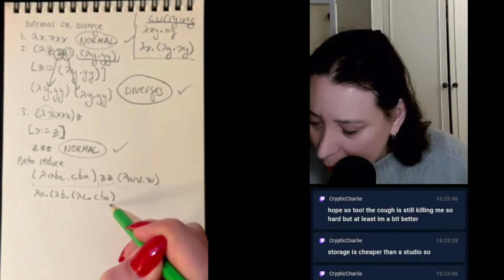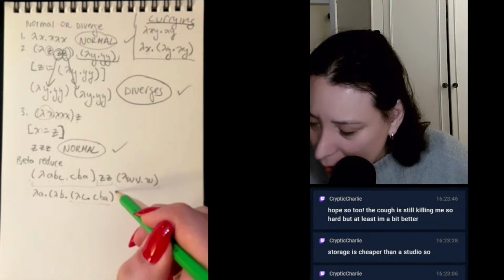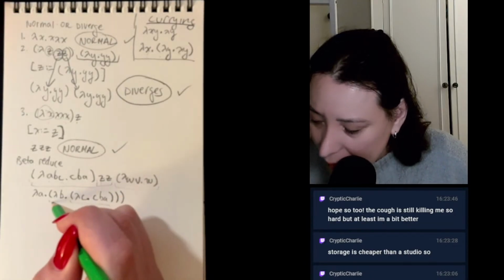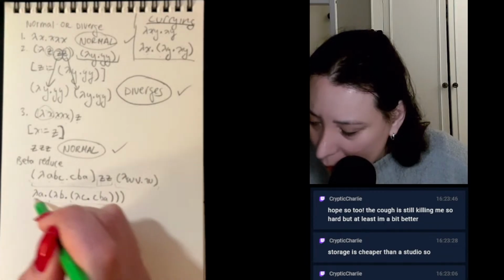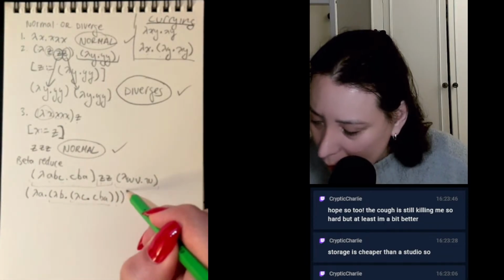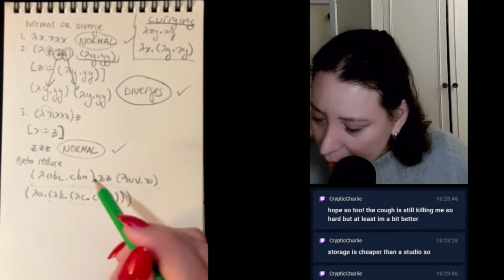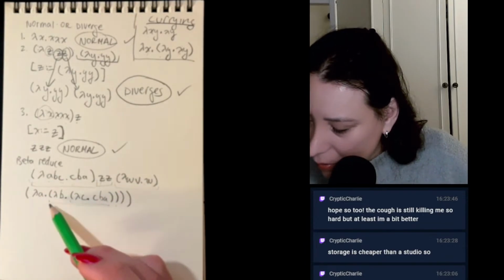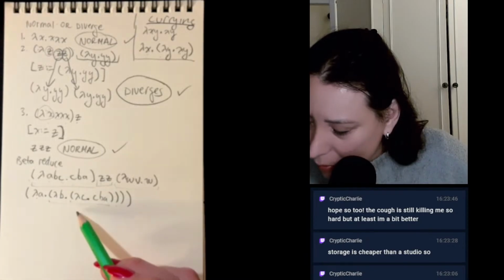So we've got to match our parens. Now this one matches. So we have 1, 2, 3, 1, 2, 3.